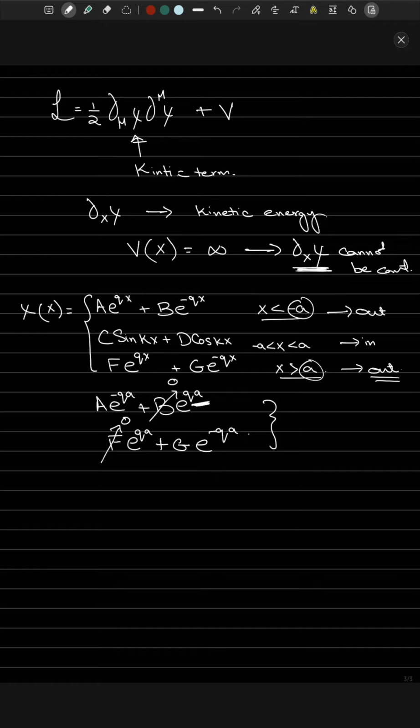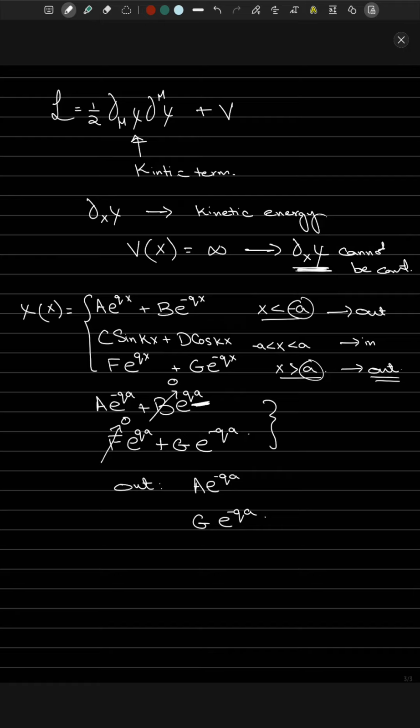So to make that term zero, we need those constants to be zero. So finally for outside, we are left with a e power minus qx and g e power minus q, well, it should be a over here, or you can just put x for now, but we know that x is going to a. And here again I'll also have minus qa.